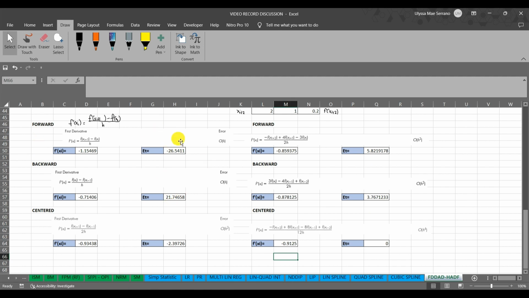And surprisingly, the centered finite divided difference using the higher accuracy differentiation formula yields a perfect result, with a 0% error, unlike the previous calculation which has a 2% error. We're now done using Excel applying high accuracy differentiation formulas.